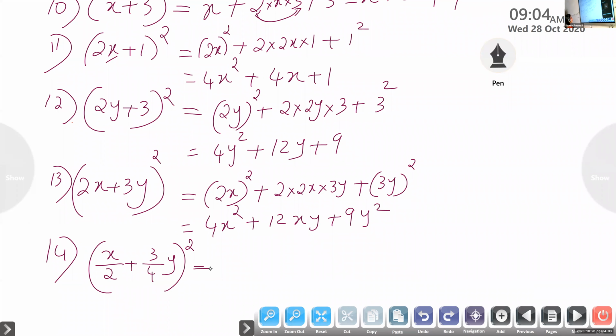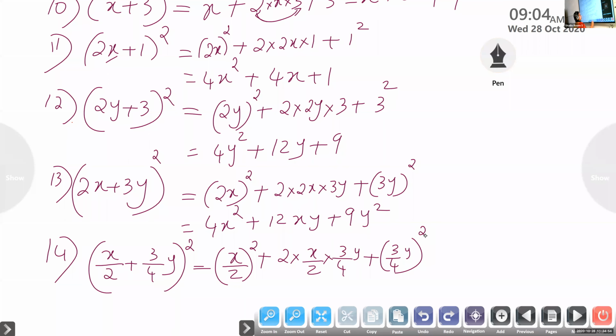So this is equal to x by 2 the whole square plus 2ab term, that means 2 into x by 2 into 3 by 4y, plus b square term, that is the last term.